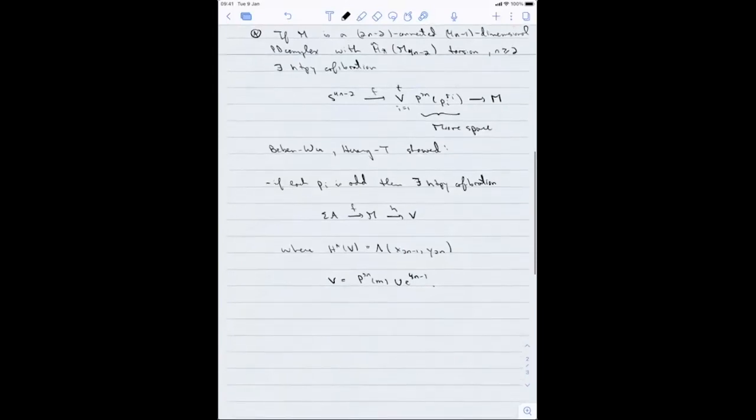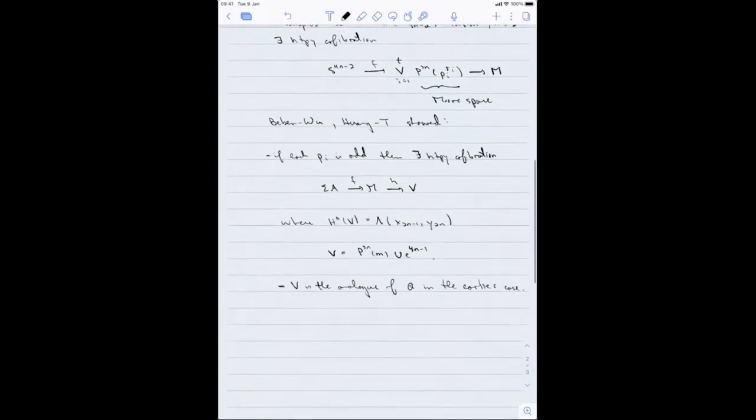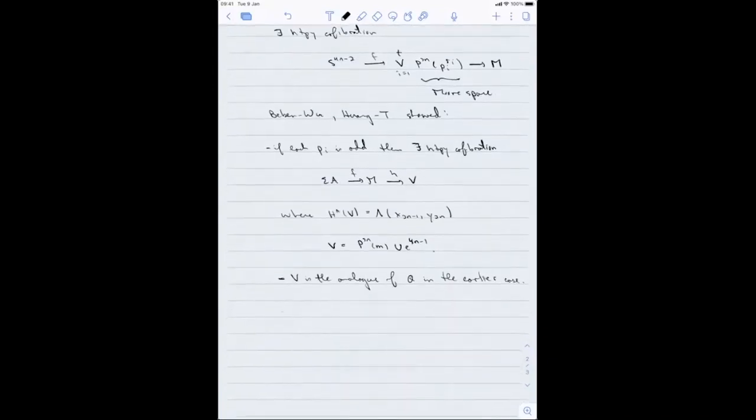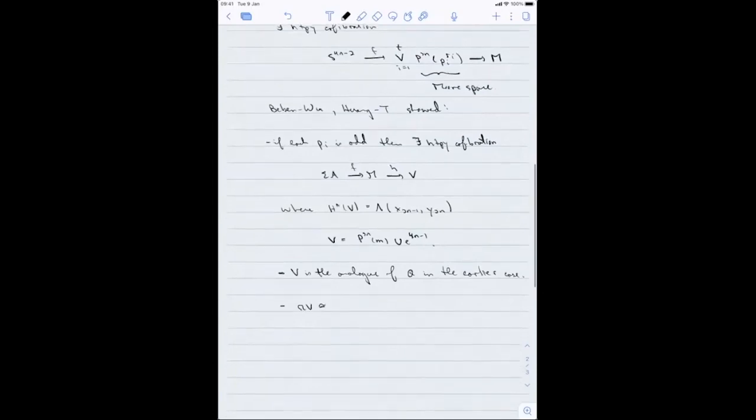Right, so V is the analog of Q in the earlier case. Like that earlier case, you want a nice decomposition of loop Q, or loop V in this case. So loop V will be homotopy equivalent to what?